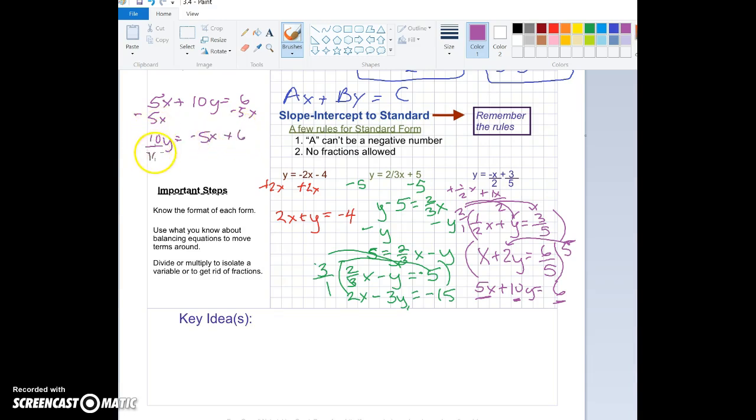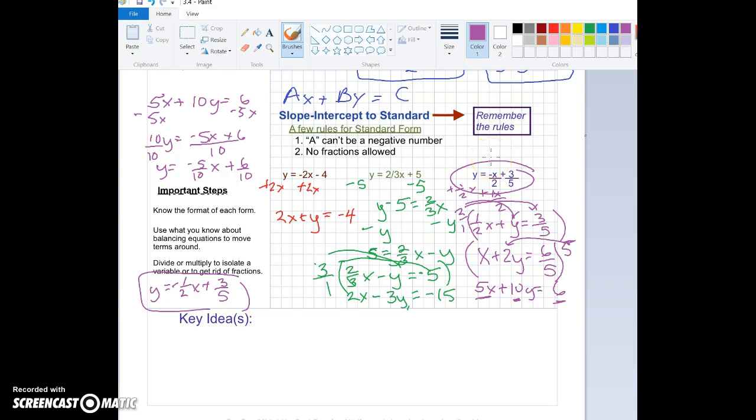Divide by 10 on both sides, and I get y equals negative 5/10 x plus 6/10. I can reduce these, and they become y equals negative 1/2 x plus 3/5. And this is the same as that. So I did it. All right?